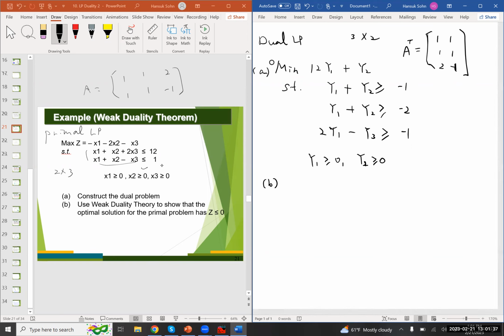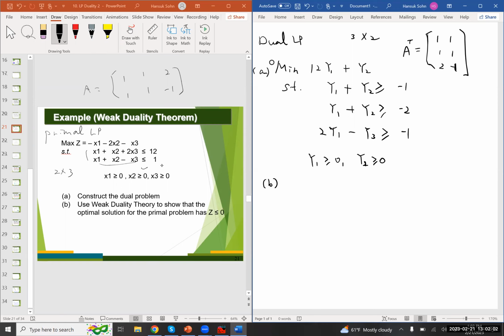It asks us to use the weak duality theorem to show that the optimal solution for the primal problem is less than or equal to 0. So first, let's try to get the optimal solution for the dual system.